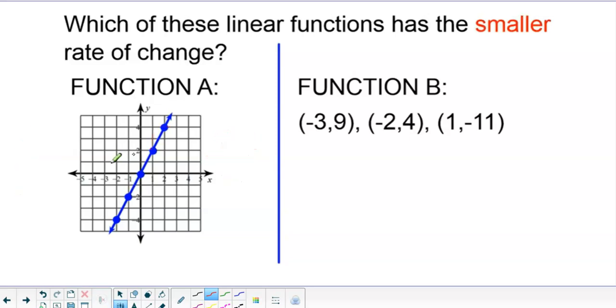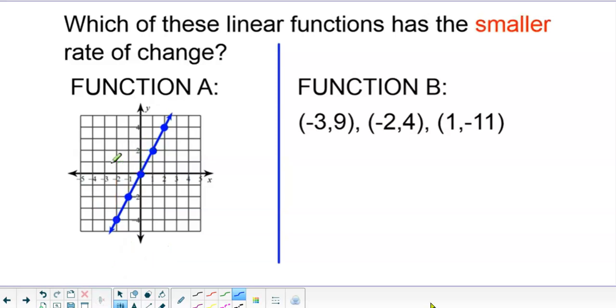You can use any 2 points on the graph. They don't even need to be consecutive. This can also be calculated as the rate of change, and it will be the same as this distance here, because 4 over 2 is the same as 2 over 1.